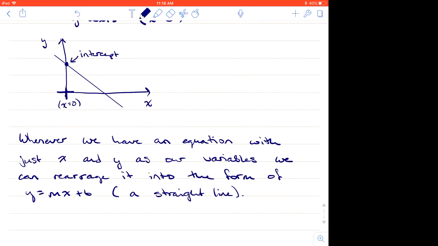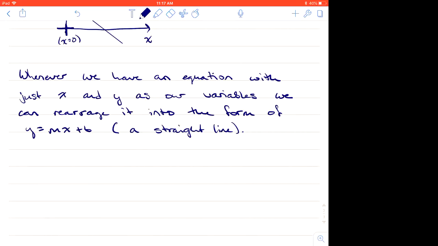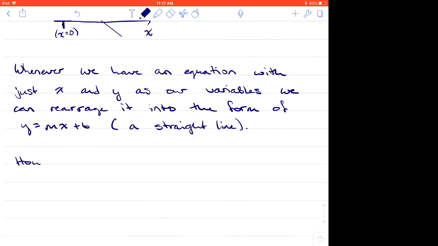And so last day we solved systems of equations and we didn't graph these lines, but now we're going to start graphing these lines. And so how do we graph a line? How do we graph straight lines?